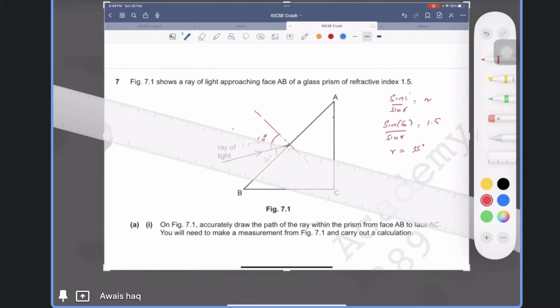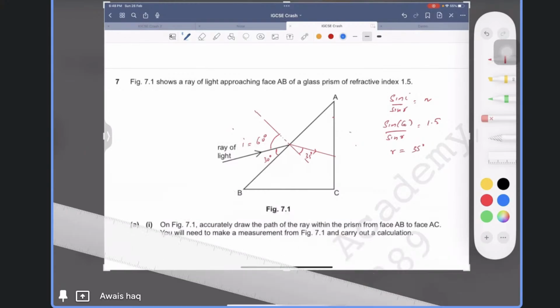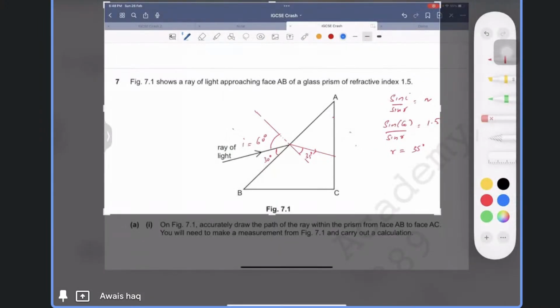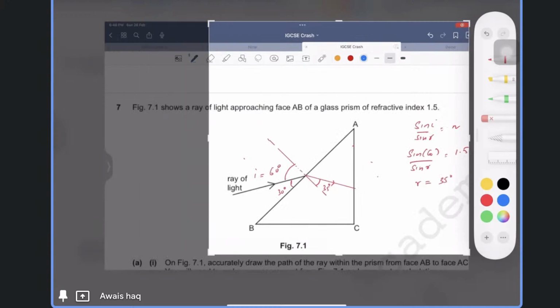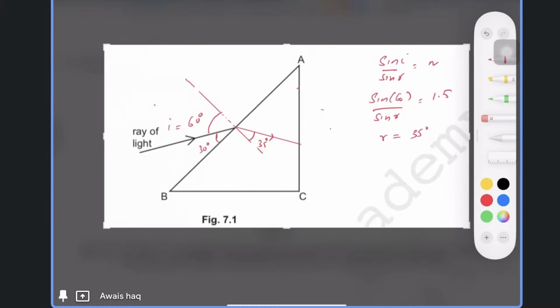So this angle will be 35 degrees, and you're going to draw the line like this. Because you have a protractor, you can put the protractor like this and measure 35 from the normal line. It would be easier for you, but mine is the digital one, so it takes a reference from the horizontal. That's fine. So this is how you would draw this. All right. Now I'm going to put it back to where it belongs. Perfect.